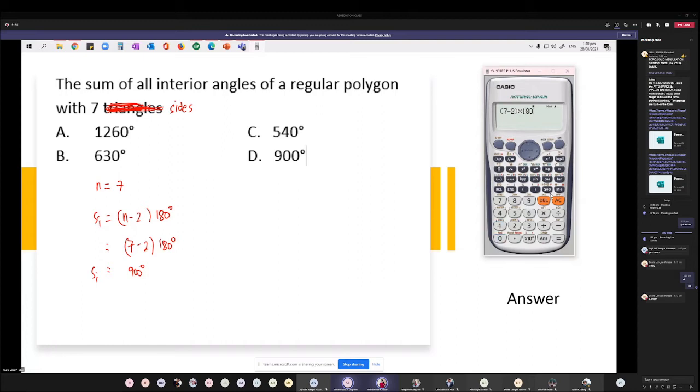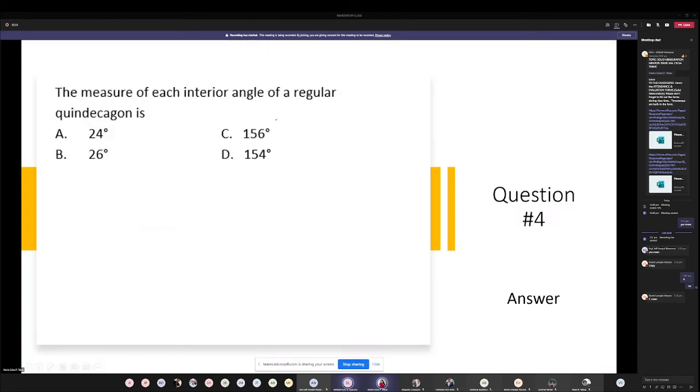So be careful with that one. It's a calculator, but it depends on how we put the numbers. It cannot detect automatically that what you're trying to solve is to subtract 7 minus 2 first before multiplying by 180. The software will follow the PEMDAS rule. So it should be 900 degrees. So the answer is letter D.